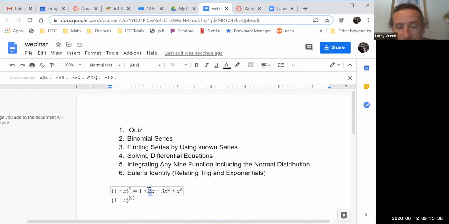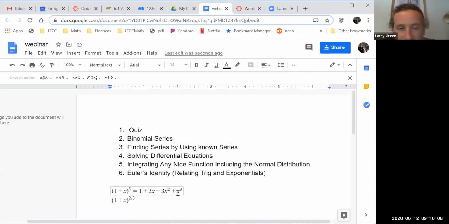There's your 3. Take a second derivative and you get 6 times 1 plus x. And then remember, you're taking 6 divided by 2 factorial, and that's 3. And that's why the 3x squared. And then take a third derivative and you get 6 over 3 factorial times x cubed, which is the same as just x cubed. Take a fourth derivative and you get 0 for the fourth derivative.